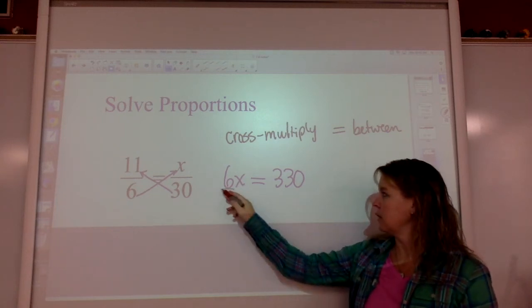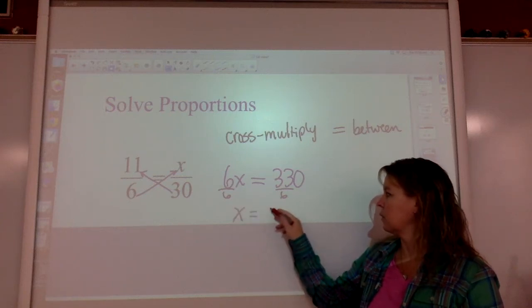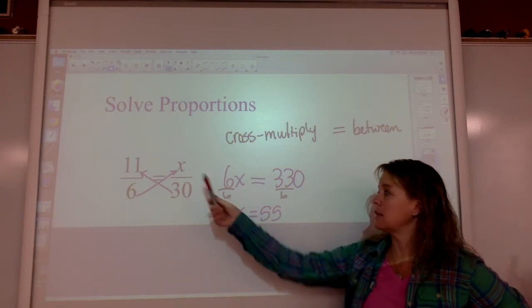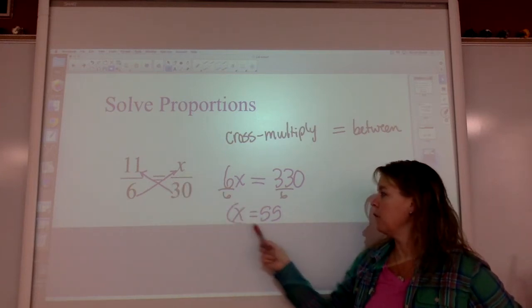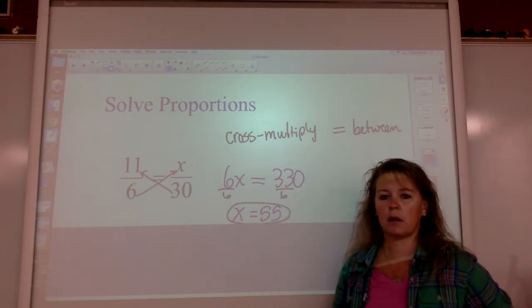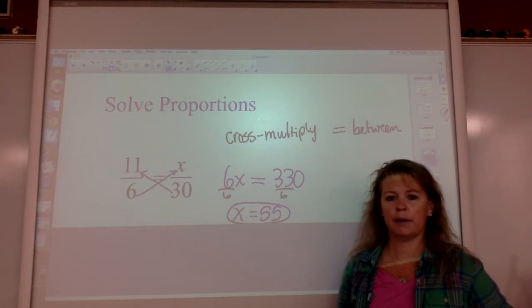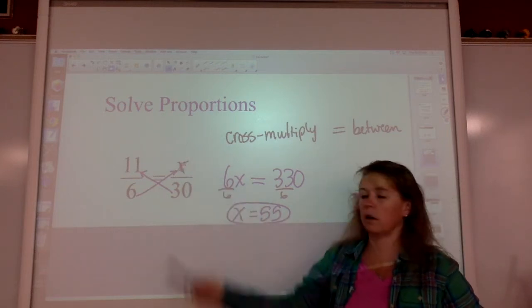Just divide by 6 on both sides, and you get x equals 55. Again, because it starts out with an equals and has a variable, you have an equation. If you put 55 for an answer, it's going to mark it wrong. If you put 55 over 30 for an answer, it's going to mark it wrong. Your answer is x equals 55 because x is what we are looking for.